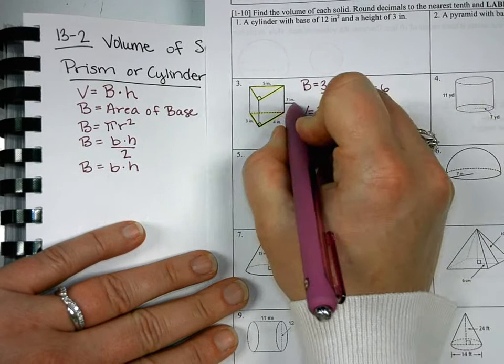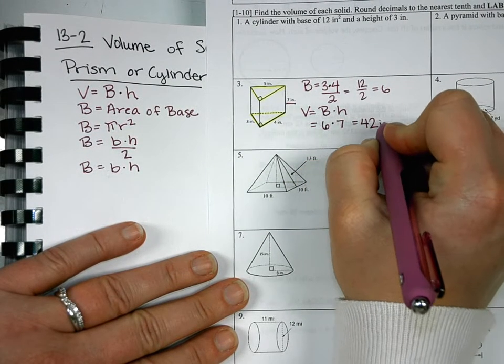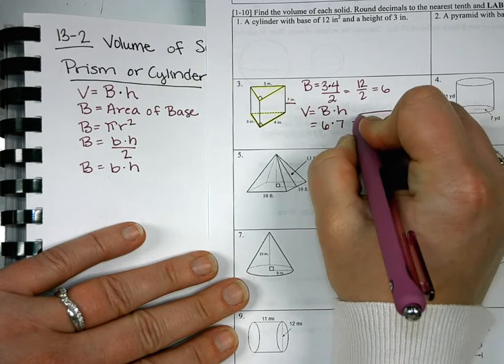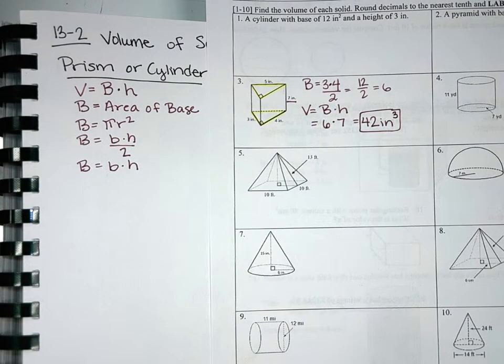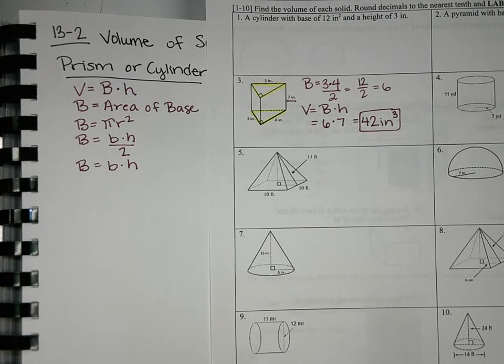And then the height of our prism is 7. So 42 inches cubed. So the first step we're going to do in our volume is figure out the area of our base, whatever that base might be. So we're going to be doing what we did on Friday and on the block day last week, finding area.